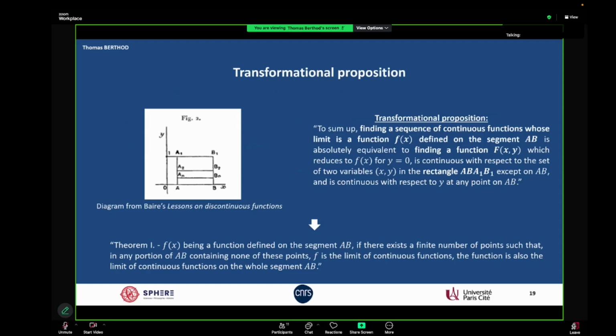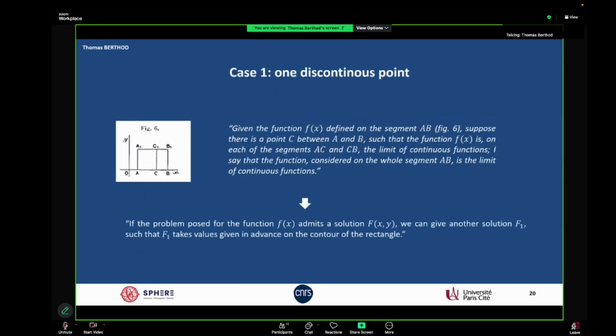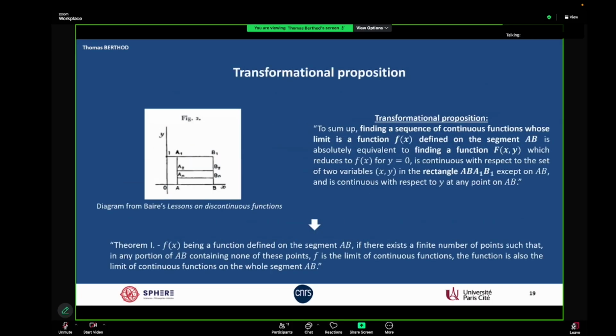And thanks to that transformational proposition, he succeeded in extending the previous result. Firstly, he dealt with the case of one discontinuous point again. He used just one more assumption: if you find a function of two variables that represents your function as in the transformational proposition, you could choose an arbitrary value on the border of the rectangular domain here. You could choose what you want.